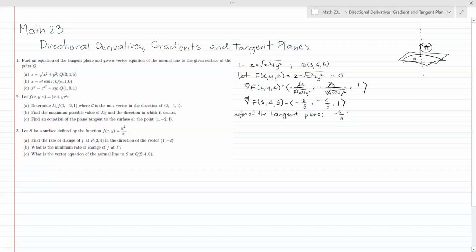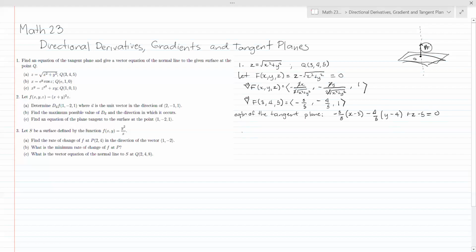Negative 3/5 x minus 3 minus 4/5, okay, y minus 4. Okay, clear ba kung saan nanggaling yung values? Plus z minus 5. Diba? Yung component ng normal vector and then x minus yung x-coordinate ng point and so on. This is equal to 0. So this is the equation of the tangent plane.